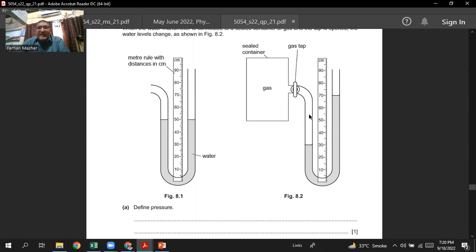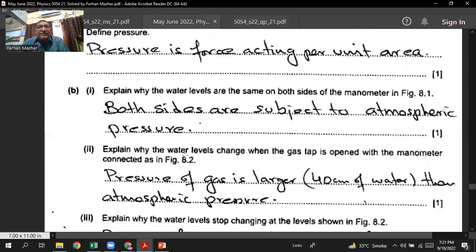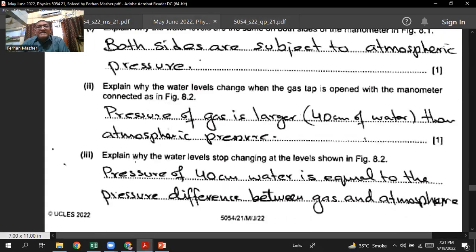That's why the level of the water in both the limbs has changed, and it's showing a difference of 40 centimeter of water in both the levels, which means the gas pressure is 40 centimeter of water more than the atmospheric pressure. So my answer is the pressure of the gas is larger, by 40 centimeter of water, than the atmospheric pressure.